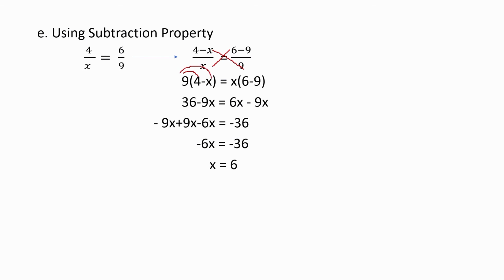9 times 4 is 36. Then 9 times x, since x is negative, so 9 times negative x, you have negative 9x. And then x times 6, so we have here 6x. And x times negative 9, so you have here negative 9x.